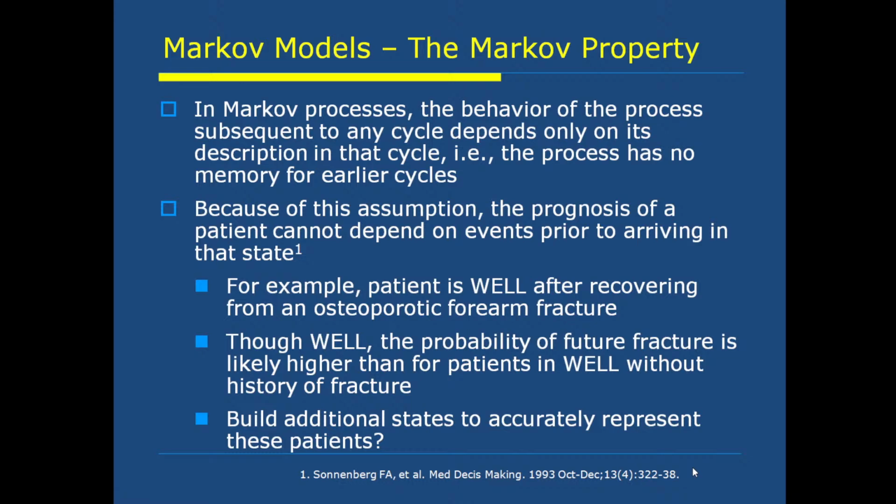In a Markov process, the behavior of the process subsequent to any cycle depends only on its description in that cycle. The process has no memory of earlier cycles. Because of this assumption, the prognosis of a patient cannot depend on events prior to arriving in that state.